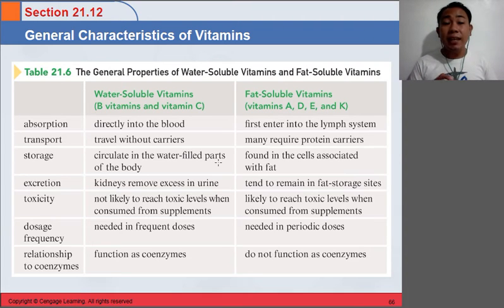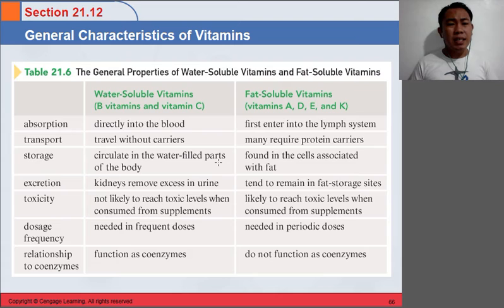As to excretion, the kidney removes excess water soluble vitamins in the urine. That is why when you take vitamin C, the excess will be expelled from our body through the kidney and excreted in urine. The fat soluble vitamins tend to remain in the fat storage sites.